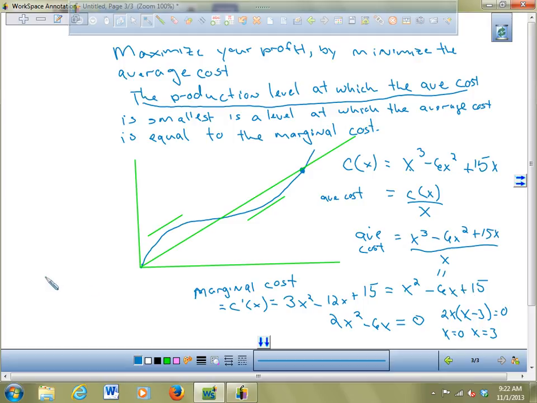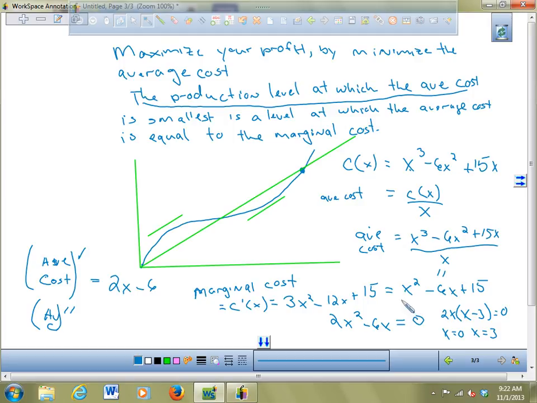So the average cost prime is equal to 2x minus 6. Average cost double prime... isn't it 4x?